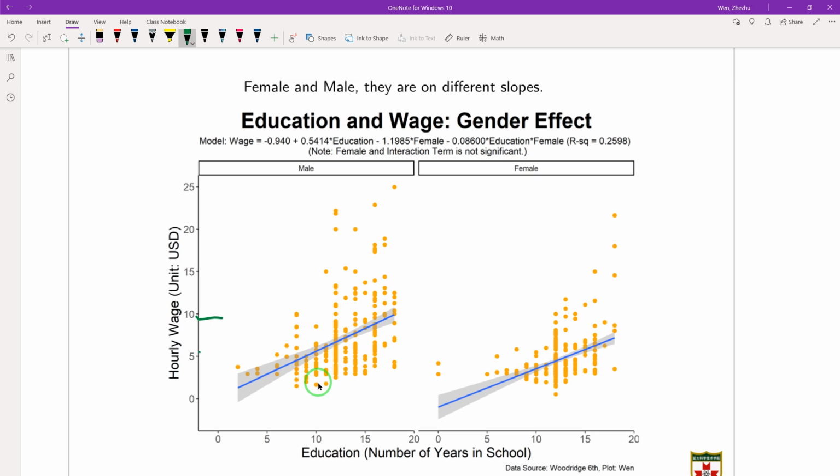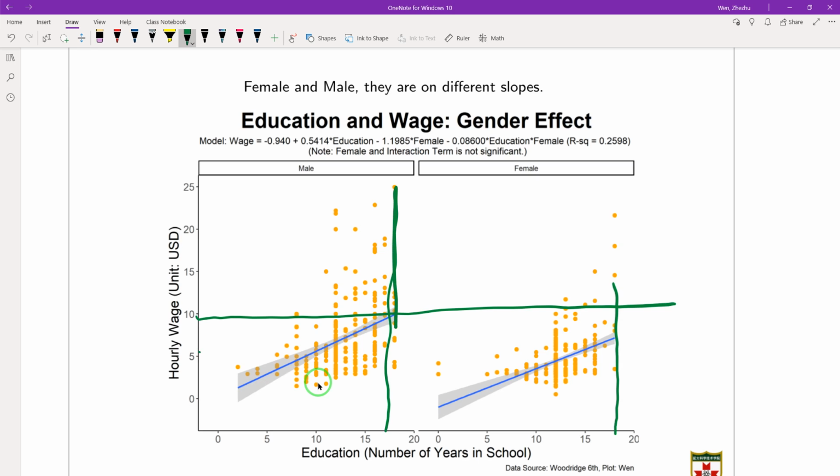If you want to compare like this, this is 18 years, this is 18 years, this is 18 years. So what this model is telling you is that men in fact make more money than female given the same number of years of education.